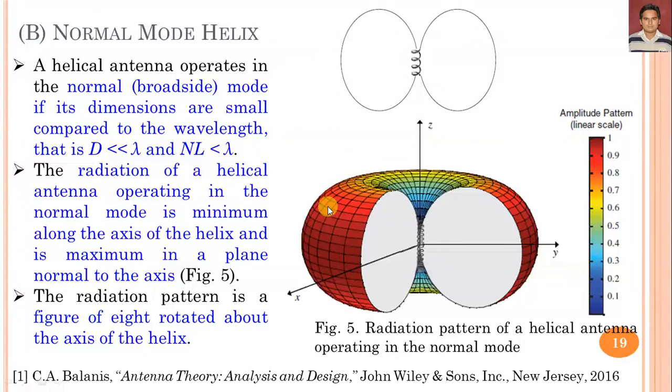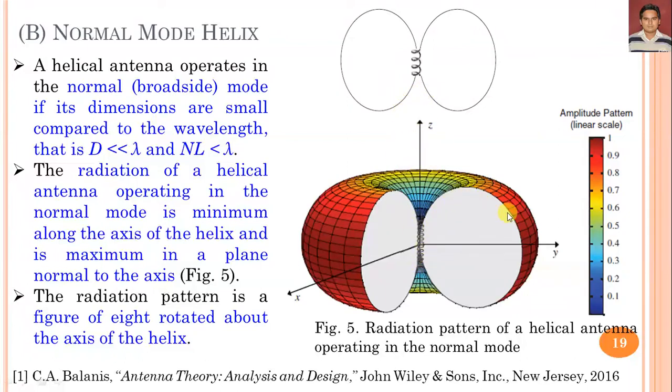helix. As you can see in this figure, when the helical antenna is operating in a normal mode, it has minimum radiation along the axis of the helical antenna, but the maximum radiation occurs normal to the axis of the helix.